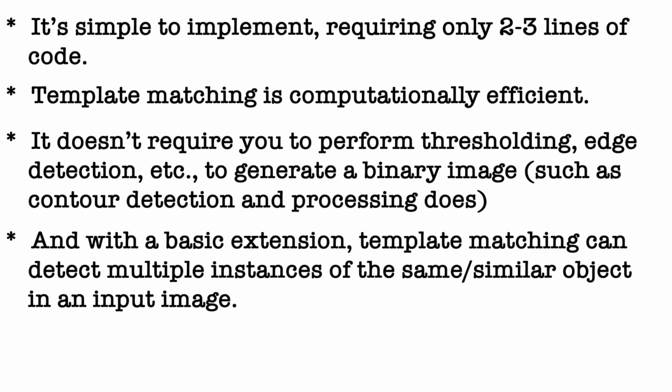Template matching is computationally efficient. It doesn't require you to perform thresholding, edge detection, etc. to generate a binary image, such as contour detection and processing this. And with a basic extension, template matching can detect multiple instances of the same or similar object in an input image.